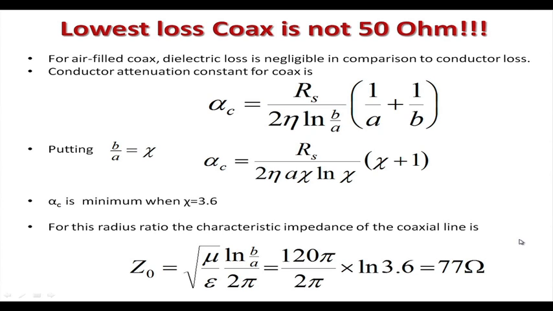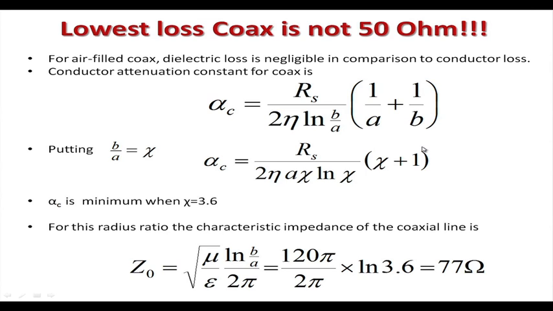But generally in the electronics industry 50 ohm is a standard: the devices, the equipments, measuring instruments, sources, we have 50 ohm. So, if a coax has a 77 ohm characteristic impedance to minimize loss, that is not acceptable.